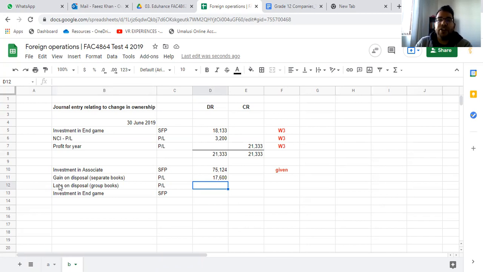An increase in an expense is recognized on the debit side. So that is 36,090. All of this impacts the investment in Endgame, so the investment in Endgame will just be credited with all of these.